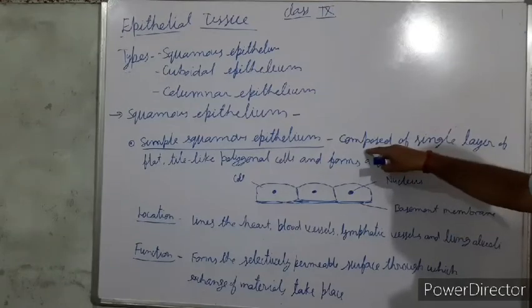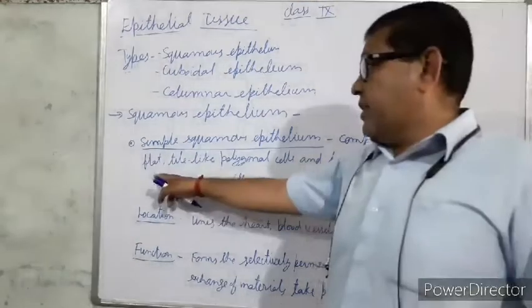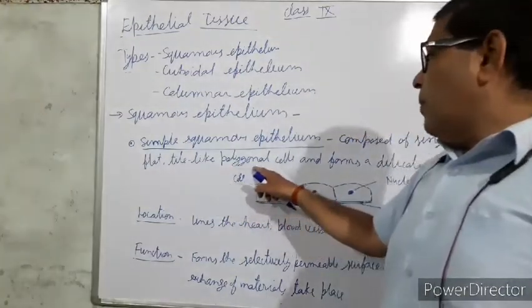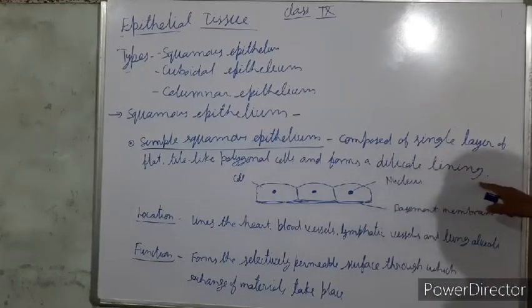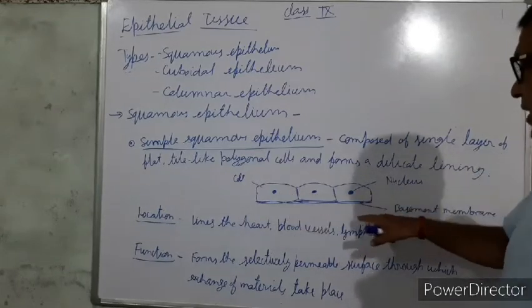It is composed of a single layer of plate-like, tile-like, polygonal cells and forms a delicate lining. The structure of this cell is given here.